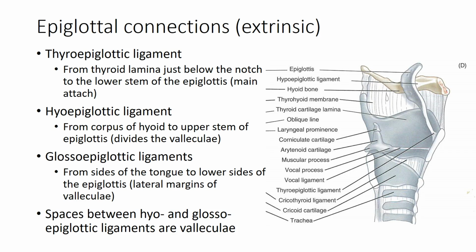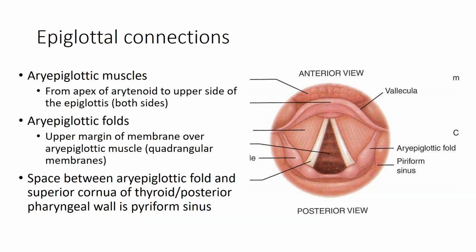There are also glossoepiglottic ligaments which come from the sides of the tongue to connect to the lower sides of the epiglottis that form the lateral margins of the valleculae. So the spaces in between the hyo and glossoepiglottic ligaments are what define the visible valleculae on an endoscopic image.